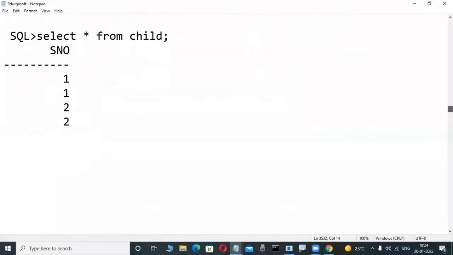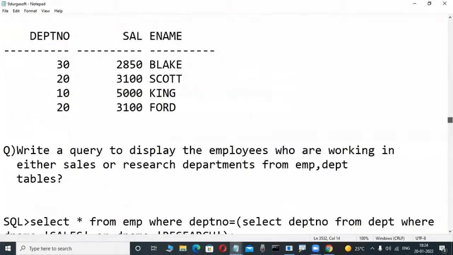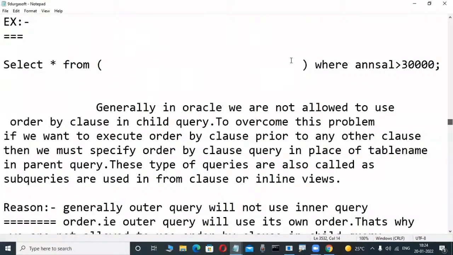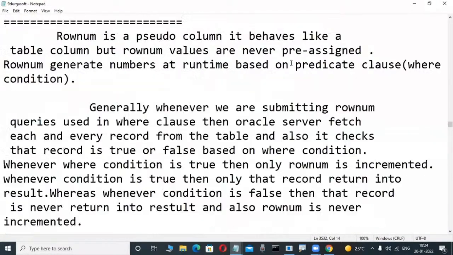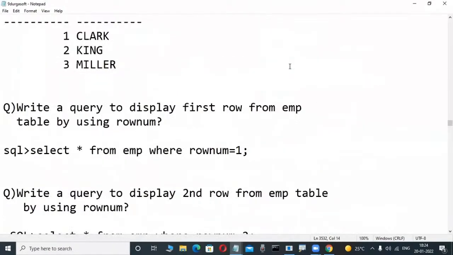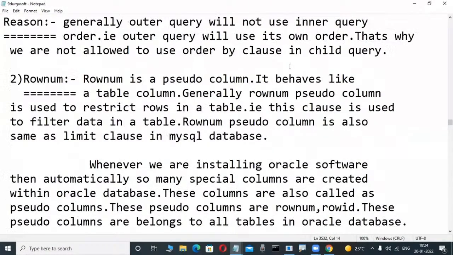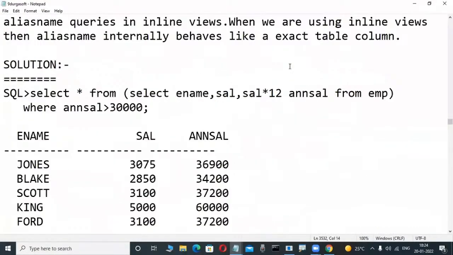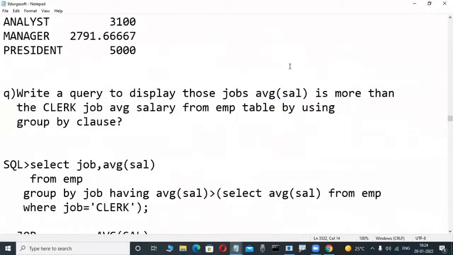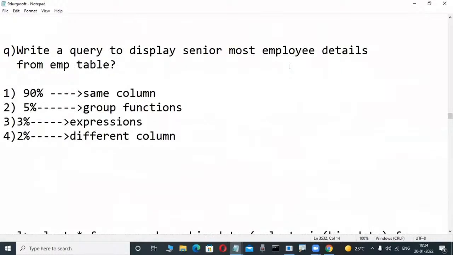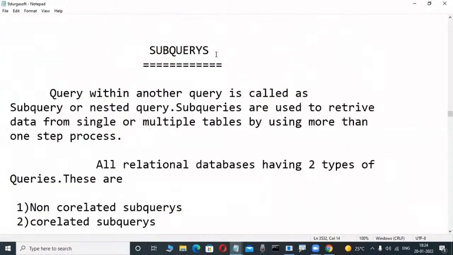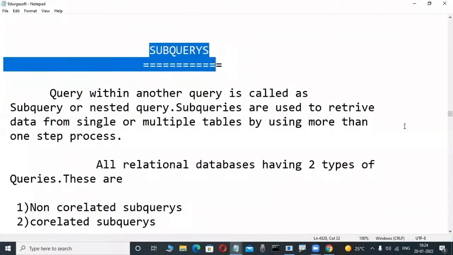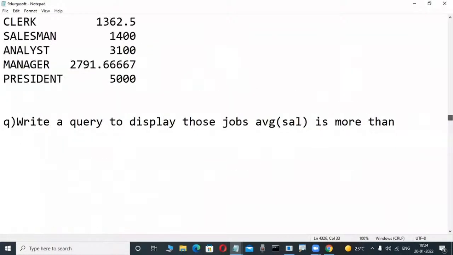Once we are good at those things, we learn the subquery concept, which is most powerful. It is a query within another query, but only one or two lines of coding. Observe these are the main chapters. In the database, subqueries are most powerful, and in this chapter we learn the interview questions.